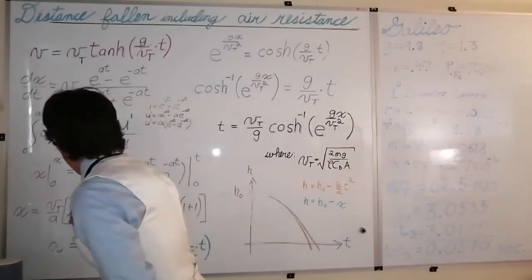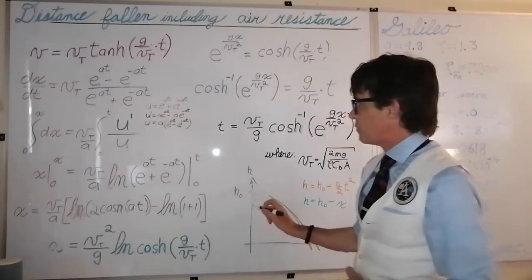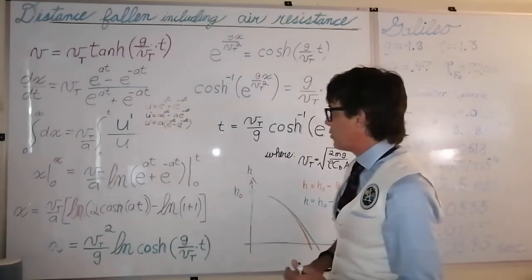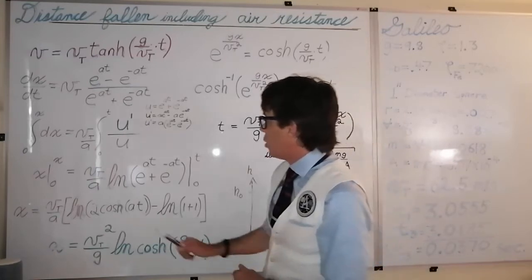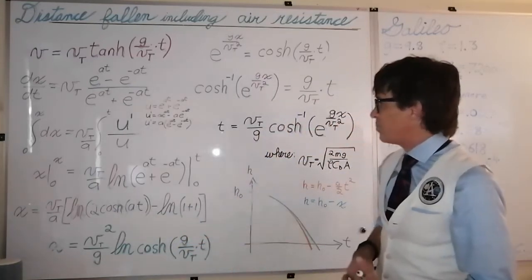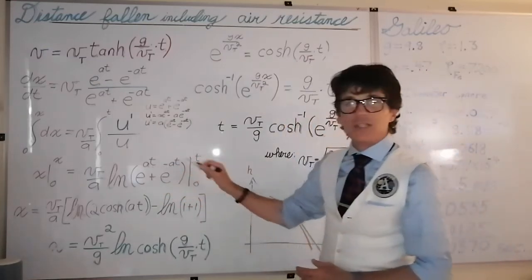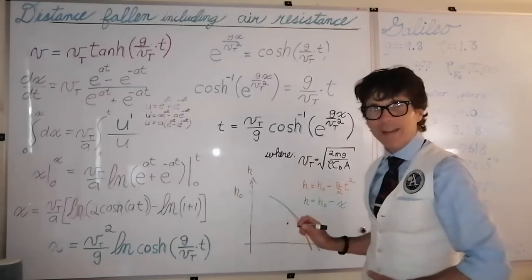So when I take the integrals of that, the tricky part here is that you'll get 2 cosh at minus ln 1 plus 1. What I mean is a 0 plus e to the 0 is your 1 plus 1.